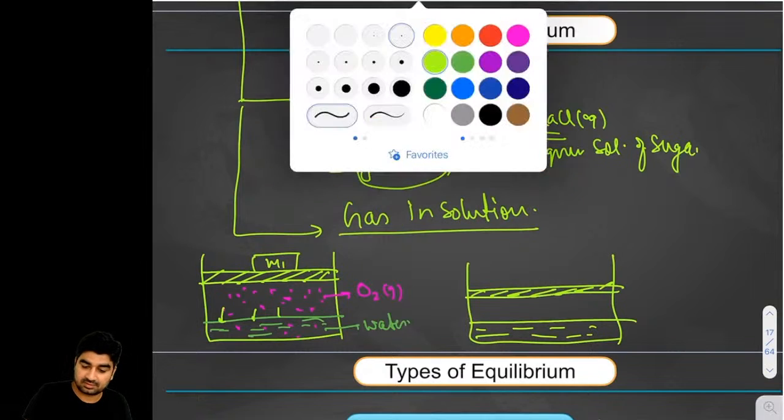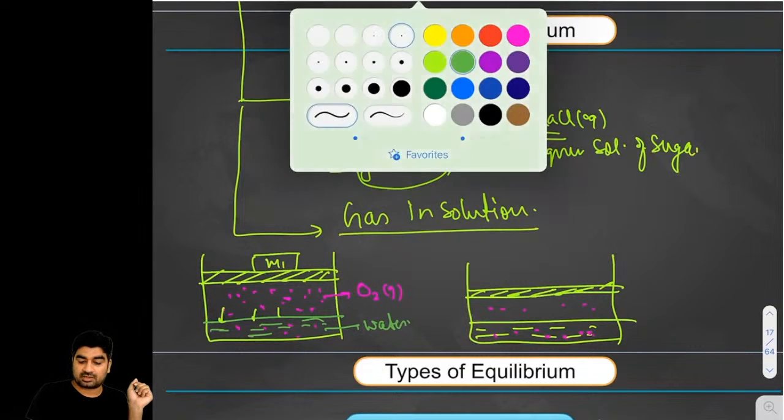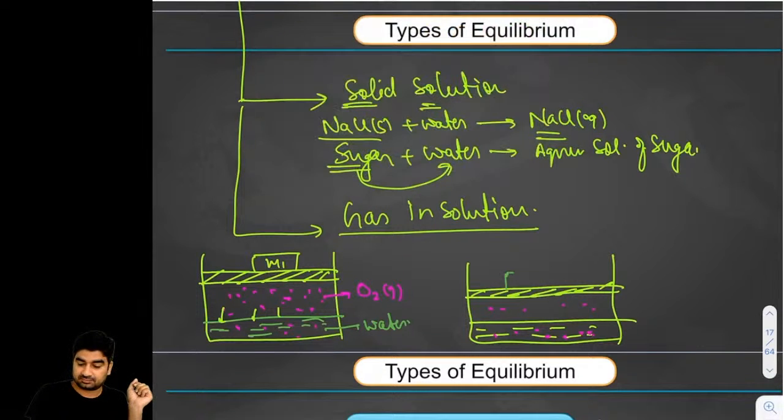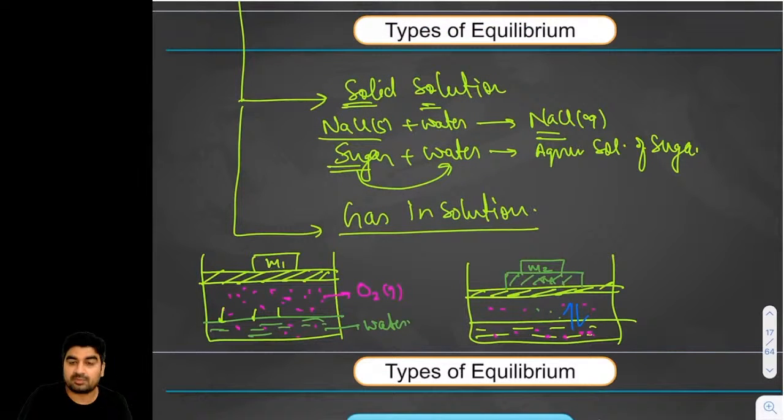As a result, what will happen? More and more gaseous particles will be dissolved. And if I'm increasing the pressure here, a stage will reach when the rate of dissolution of these particles will become equal to the rate of undissolution.